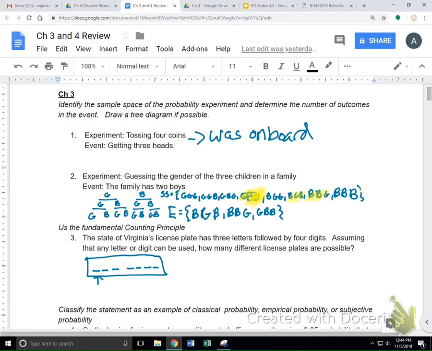Each letter can be filled in with 26 choices from our alphabet, and each digit from 0 to 9 has 10 choices. So we go 26 times 26 times 26 times 10 times 10 times 10 times 10. When we multiply all those together, we end up with 175,760,000.